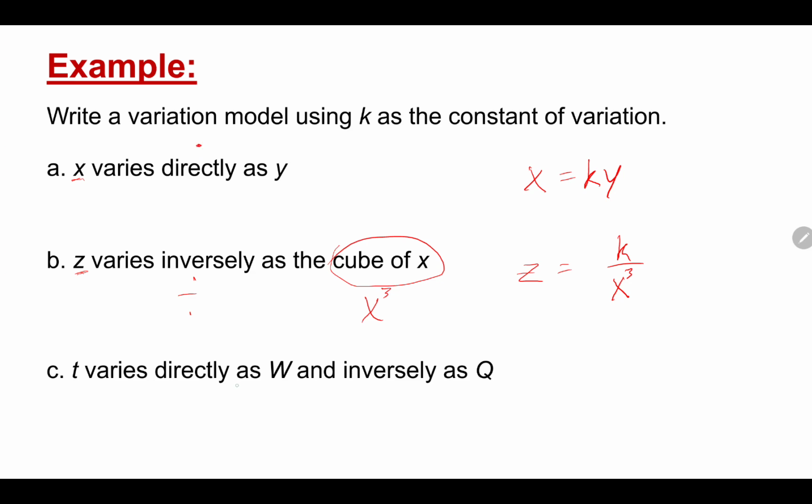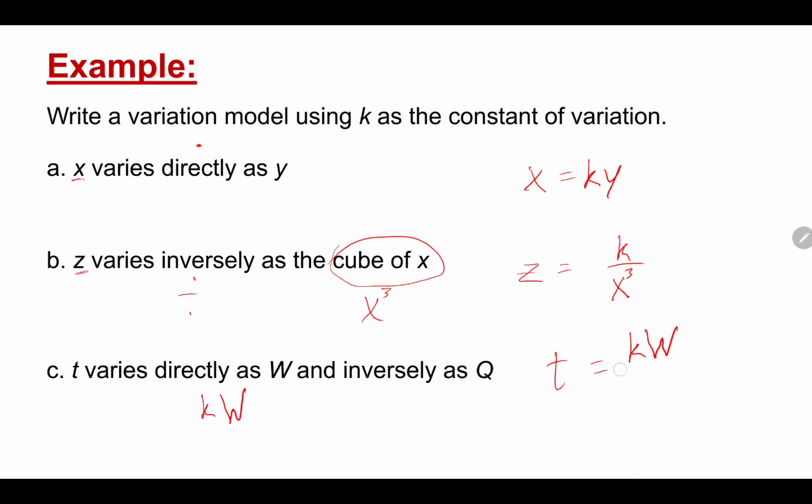T varies directly as w and inversely as q. So this is going to be t equals, and varies directly as w, so that would be kw, capital W, and inversely as q, so that's going to all be over q.